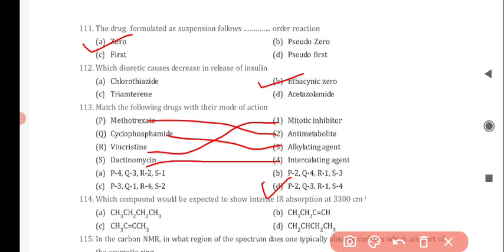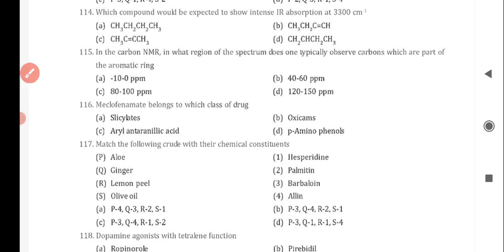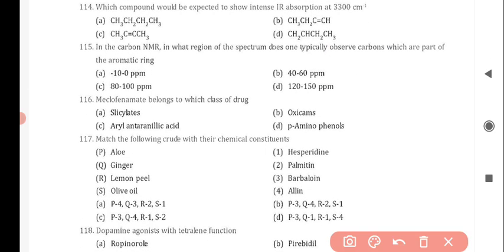Next question is which compound would be expected to show intense IR absorption at 3300 centimeter inverse? And the correct answer is option B, that is CH3CH2C triple bond CH. Next question is in the carbon NMR, in what region of the spectrum does one typically observe carbons which are part of the aromatic ring?